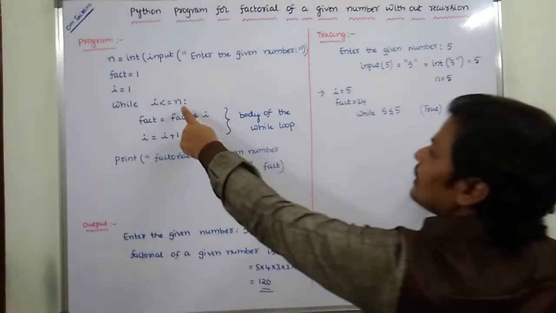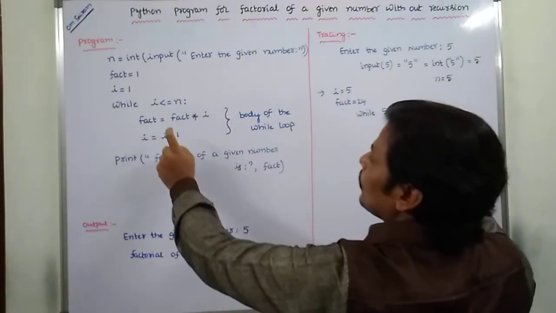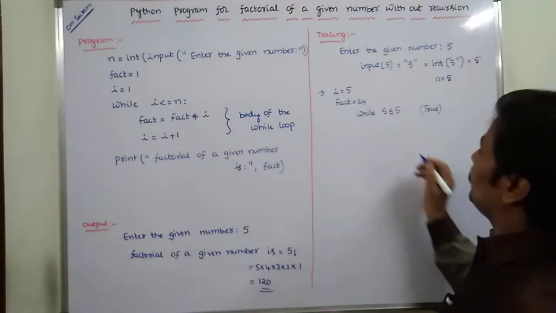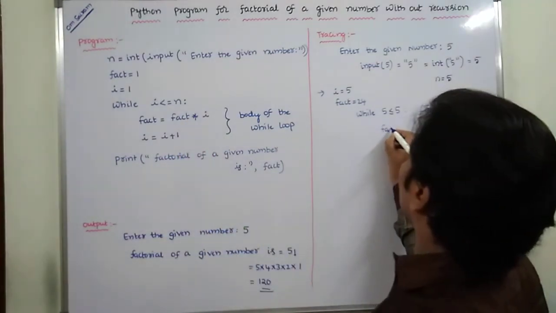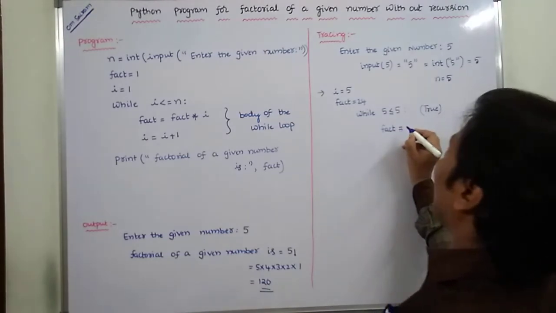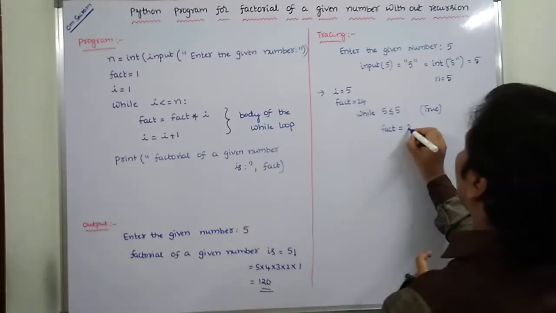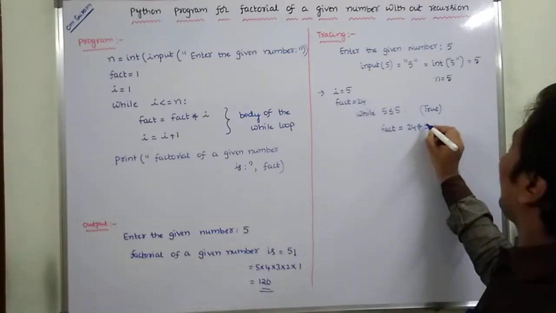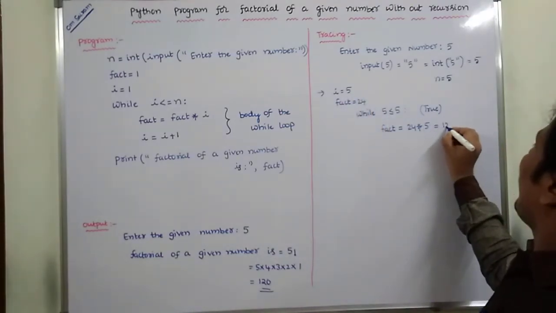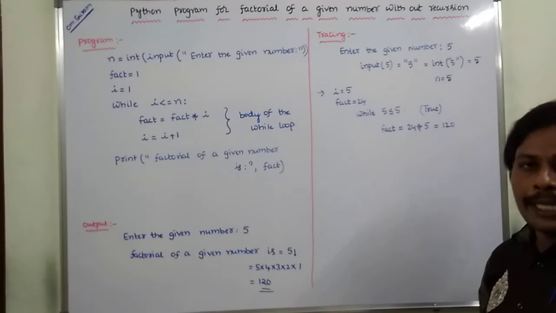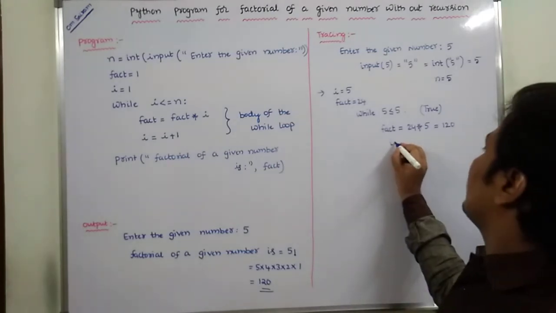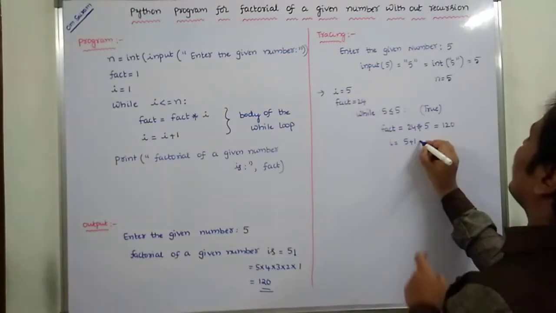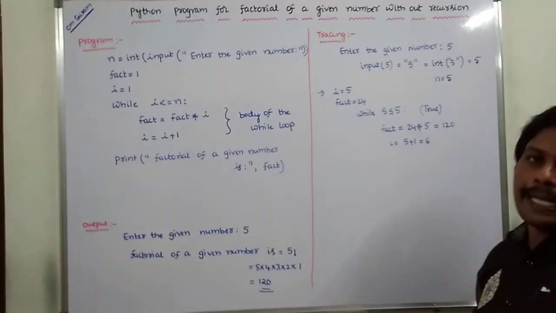If the condition is true, again the control goes to the statements within the body of the while loop. Now fact is equal to fact into I. Fact value is 24 and I value is 5. 24 into 5, that is 120. Next, I is equal to I plus 1. I value 5, 5 plus 1, that is equal to 6.